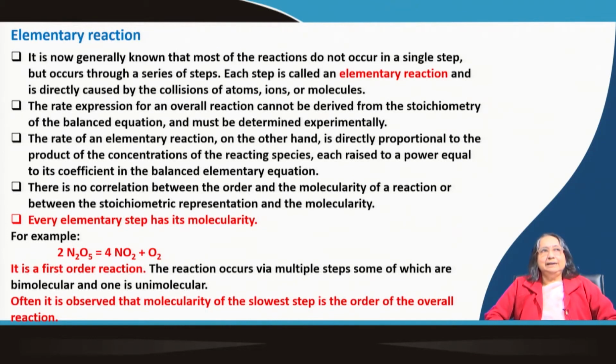And then you can say I can reach Delhi in a very small time period. So, the slowest step is the governing factor to tell you whether the overall process is fast or slow, and that is the same thing here.